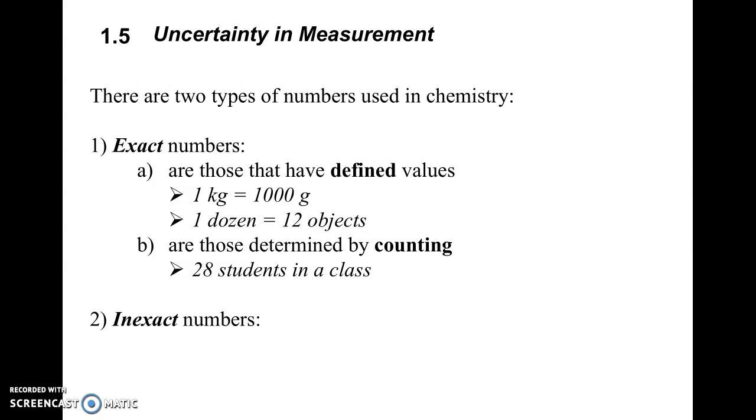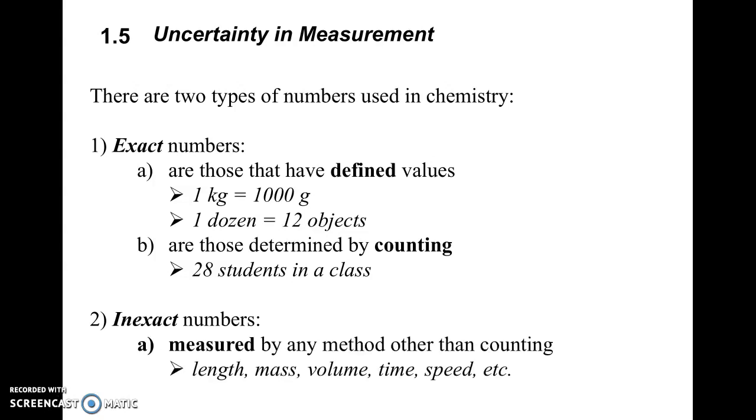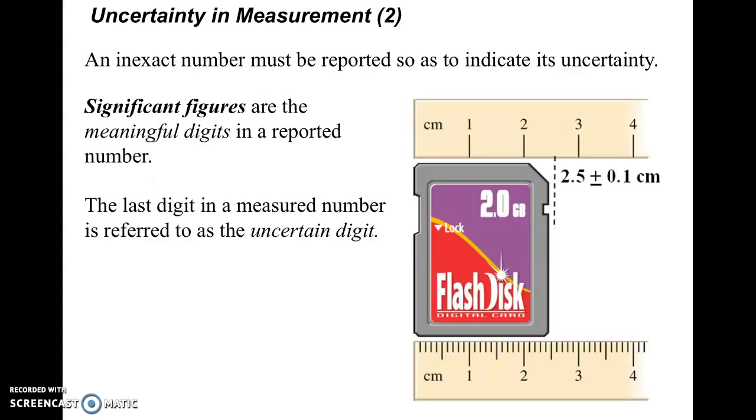Inexact numbers, on the other hand, are numbers that have been measured. You can't count them, and you're using a measuring device, and how good your measuring device is determines how exact your number is or how good it is.